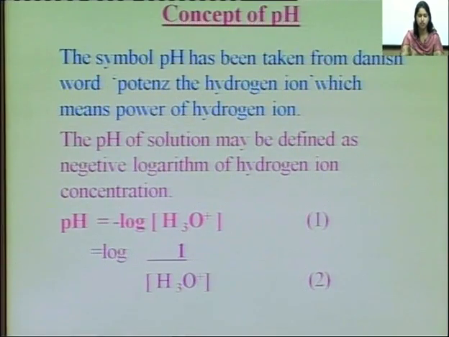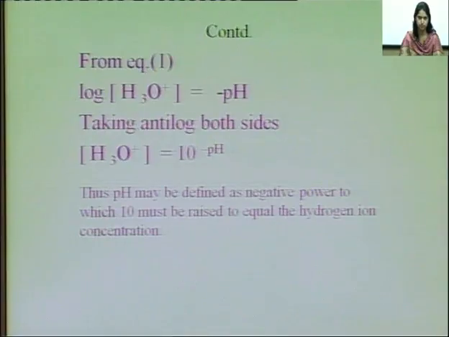pH was defined as the negative logarithm of hydrogen ion concentration, that is pH is equal to minus log of hydronium ion concentration. So, from equation 1, where pH is equal to log of the reciprocal of hydronium ion concentration, that is pH is equal to negative logarithm of hydronium ion concentration, we can get this equation, that is log of hydronium ion concentration is equal to negative pH.